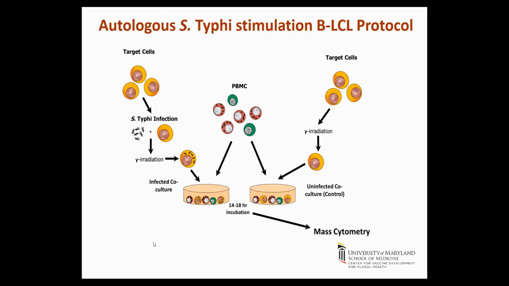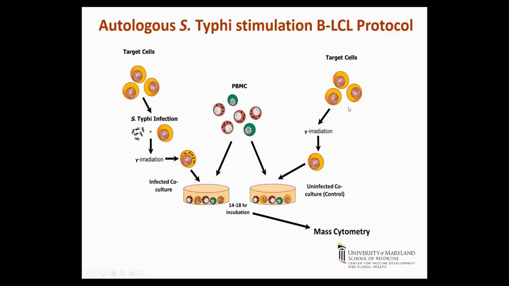But one thing is to study superantigen response as a general stimulation, but the much more important thing is to study the specific immune response in children who have been vaccinated with Ty21a by studying the autologous Salmonella Typhi stimulation response.